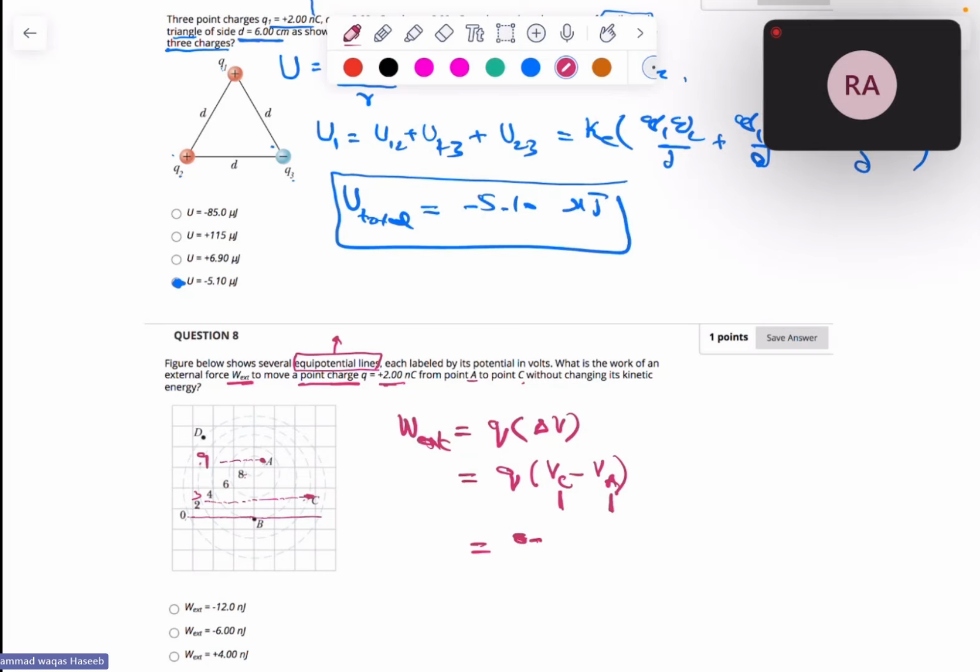So Q is 2 into 10 raised to power minus 9, and the potential difference is 3 minus 9, which is minus 6. So you will get 12 into 10 raised to power minus 9, because 9 minus 3 is 6 and 6 multiplied by 2 is 12.